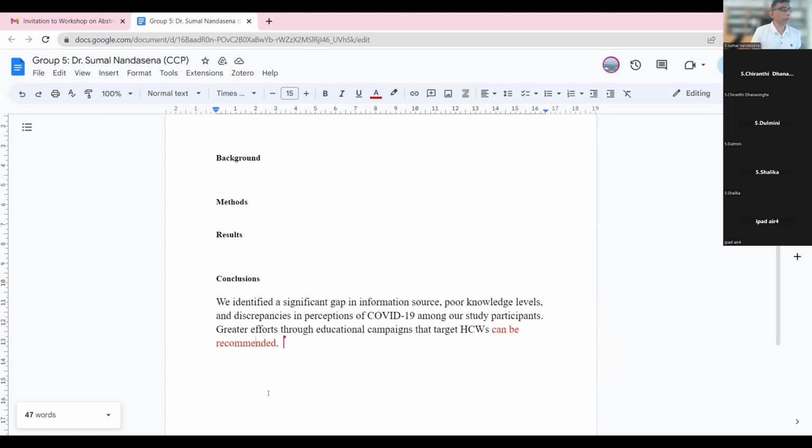You can even make it shorter, like education campaigns targeting healthcare workers can be recommended. Something like that, because the words 'great efforts' do not make much sense for the abstract. It may be good for something longer.